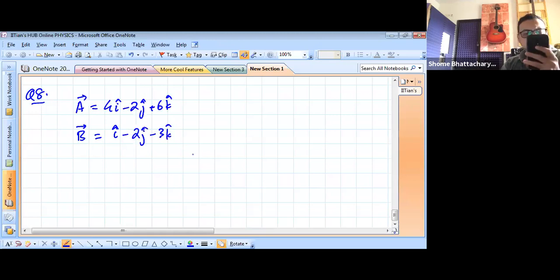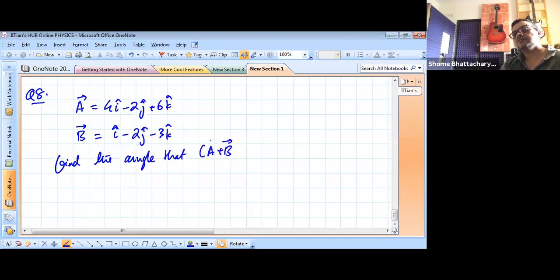Now we have to find the angle that the vector a plus b makes with respect to the x-axis. Okay, how much angle it makes with respect to the x-axis.